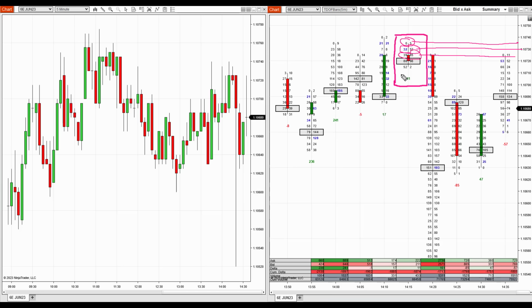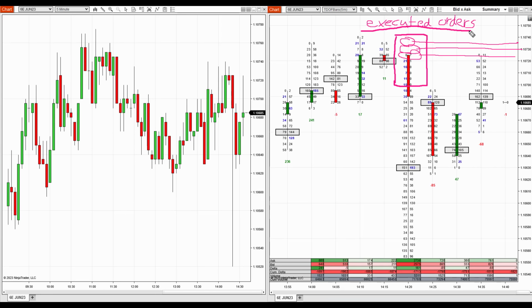And it's important to remember that those are executed orders. Those are not pending orders. Those are real trading intentions. Those are real trades that actually got traded in the market. And that's important because those are showing us the real intentions. All right, so those are executed orders.